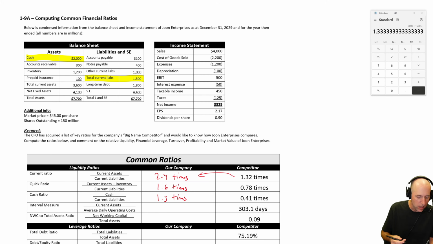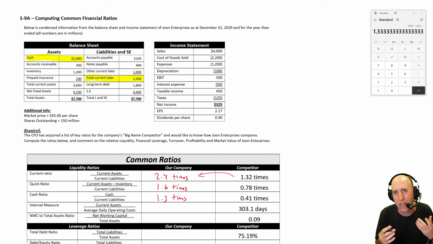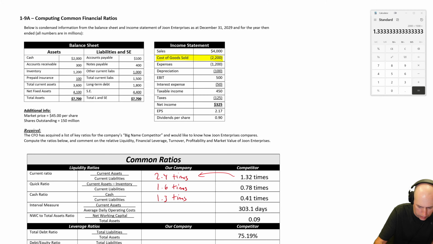Interval measure. This says, are we able to cover our costs? I almost treat this like a burn rate, in a tech company that's burning money. This is a measure of how quickly we're burning money. How quickly are we going to burn through our current assets given our costs? And our operating costs would be our cost of goods sold and our operating expenses.